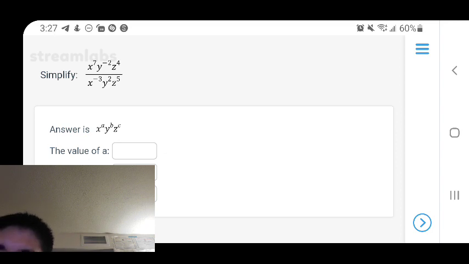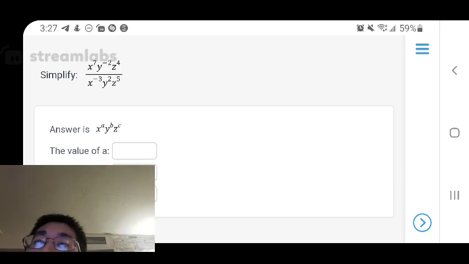X goes up, 2 goes down, yep. Let's see. C4 over C5, that's 1 over Z. So A is 10.